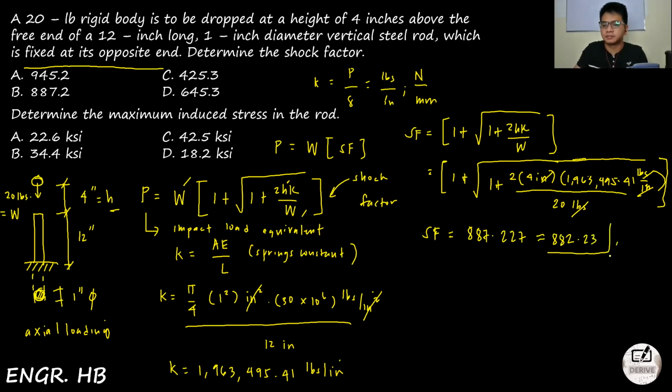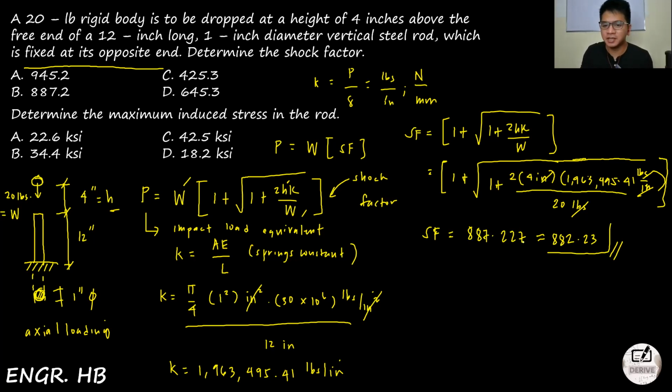So ibig sabihin, ganyang kalaki yung pinagbago ng bumagsak na 20 pounds nung pumalo siya doon sa vertical steel rod. So doon mo makikita how much, in design consideration, how much the shock factor change the 20-pound rigid body na nag-drop doon sa vertical steel rod.